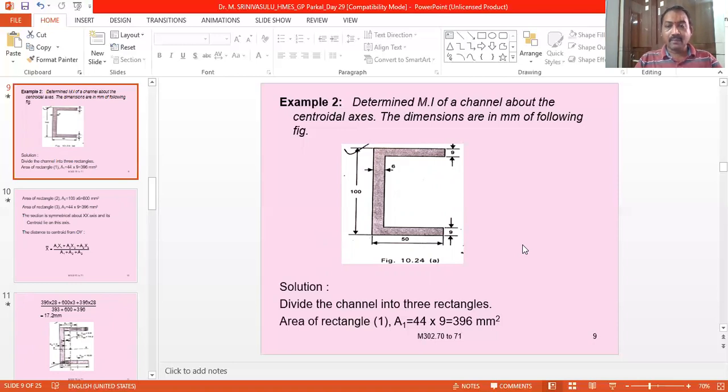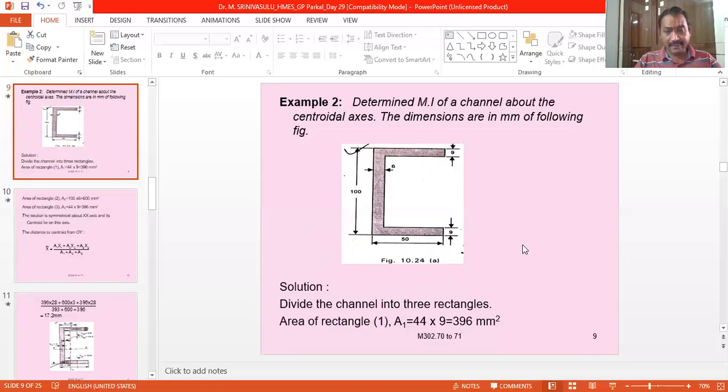Now take the problem. Determine the moment of inertia of a channel section about the central axis. The dimensions are shown in the figure, and all the dimensions are in millimeters.